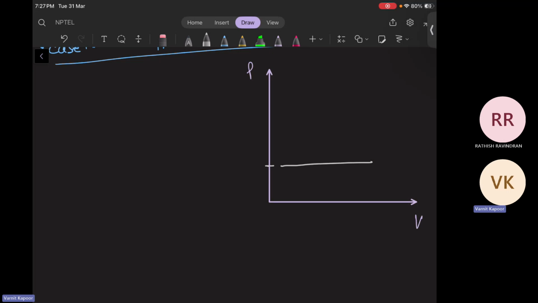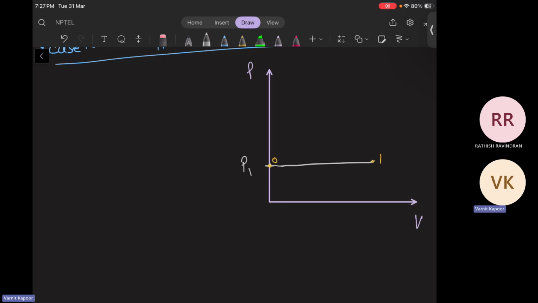Work was done by the system during this suction process, as we used to do in the IC engine. So at pressure P1, suction is happening, and let us say it is stage 0. There is no clearance volume, so you are starting directly from here only. It reached stage 1.